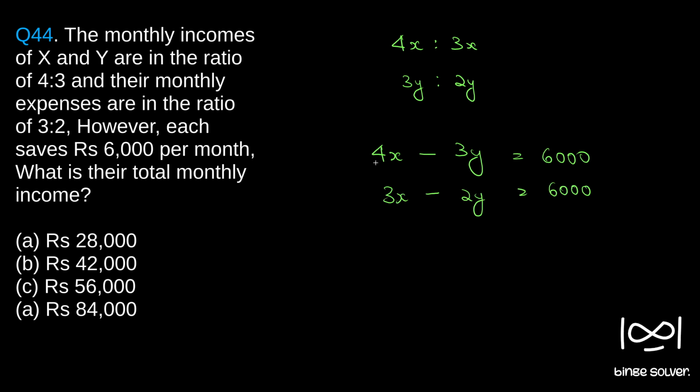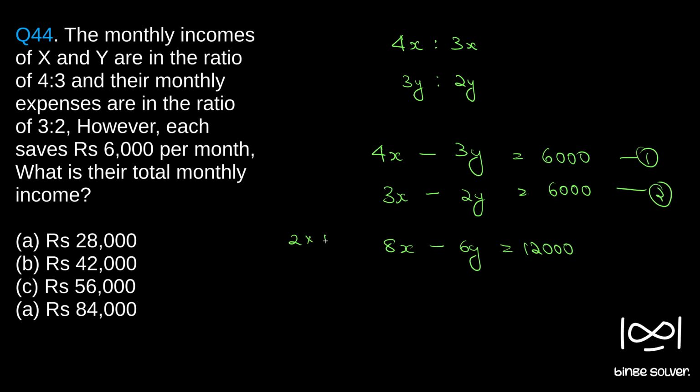Now, the question asks what is the total monthly income. Income is what they are asking. So x is what we need to find. To find x, we will eliminate y. So first multiply the first equation with 2. We get 8x minus 6y equal to 12,000. So we'll call these 1 and 2.